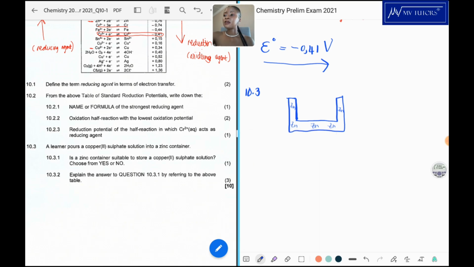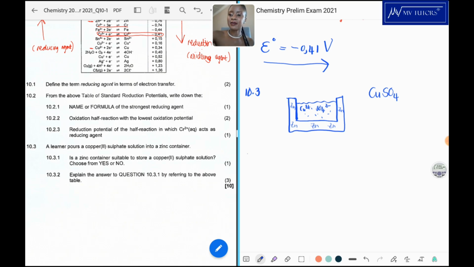So now this learner pours copper 2 sulfate solution. So we have copper 2 sulfate. It's going to be like that, because copper has 2 plus and sulfate has 2 minus, so it's fine. That's the solution in there. We have some copper 2 plus, we have some sulfate 2 minus, basically duplicated all over the show.